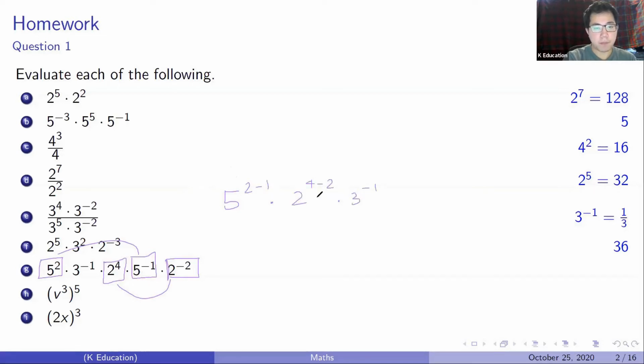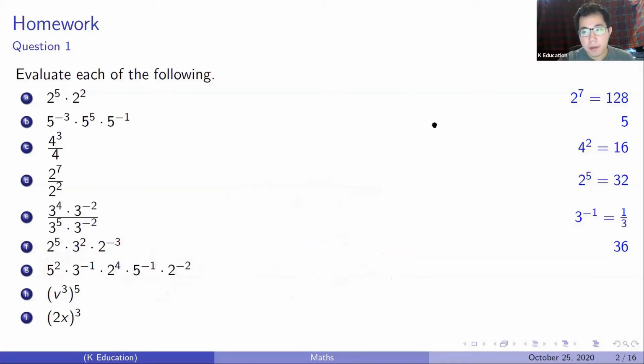So this is, of course, 5 times 2 squared times 3 to the minus 1. You can't do any more. You can't add the powers because the bases are not the same. So it's 5 times 4 times a third. So this is 20 times a third, which is 20 over 3. If you want, you can express it as a mixed fraction. So 6 2/3.